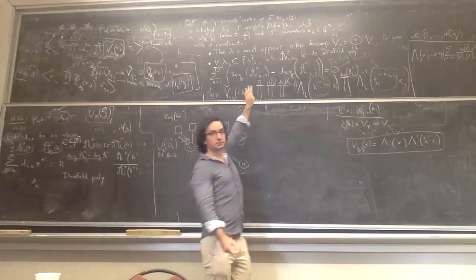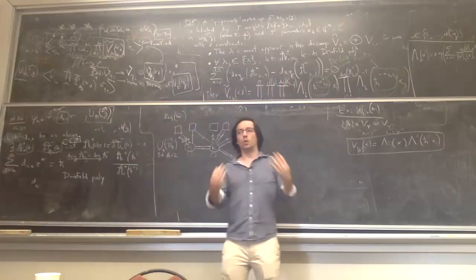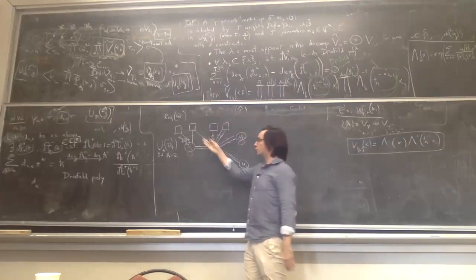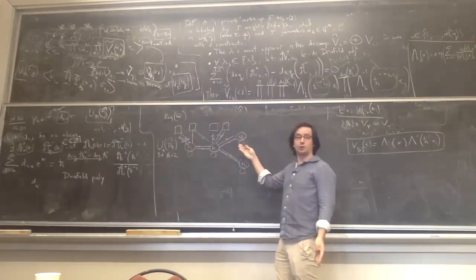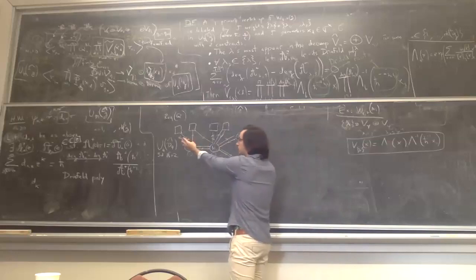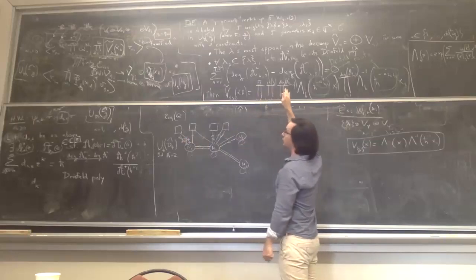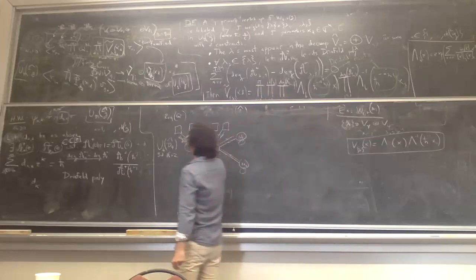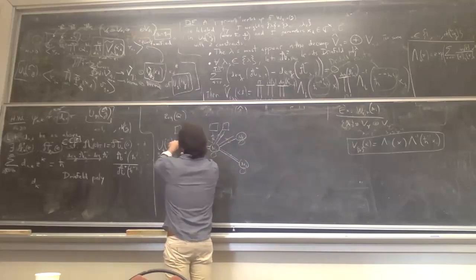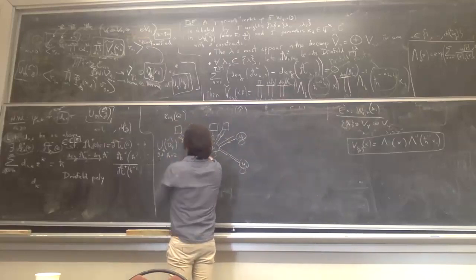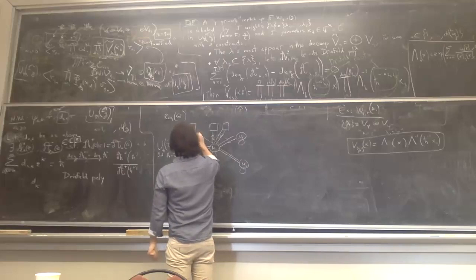It tells you the matter content, or the framing, that you'll have for your quiver. So the framing is completely determined by the Drinfeld polynomials. The degree of the polynomial is the number of fundamental hypermultiplets.